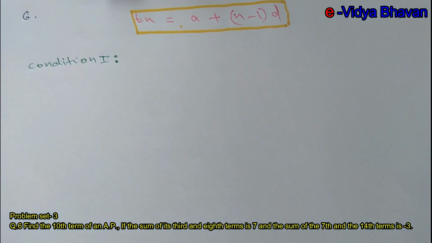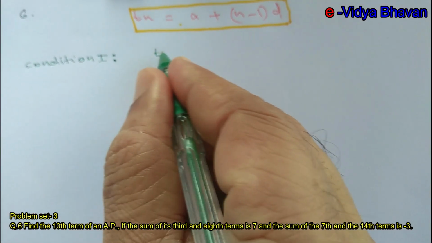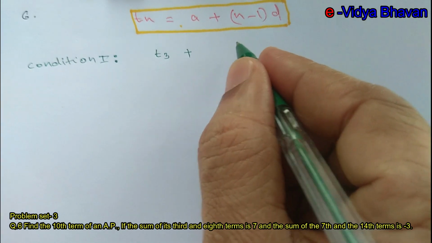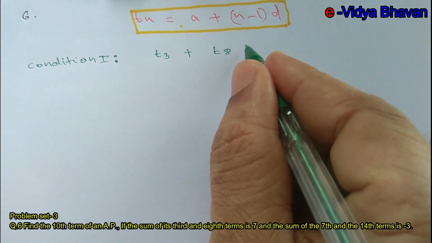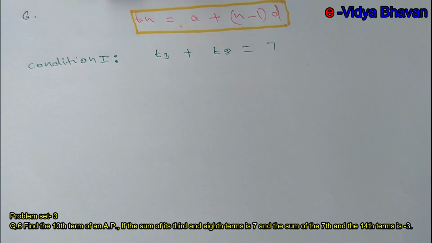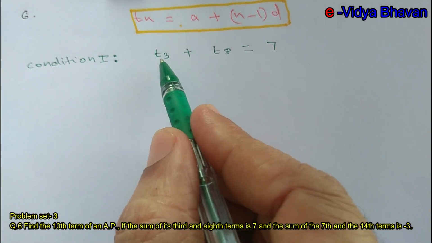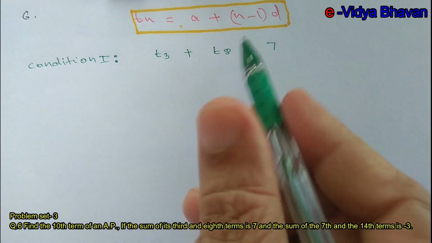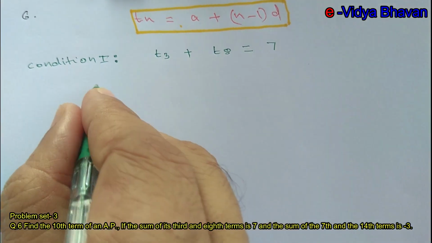What it says? Sum of third term plus 8th term is equal to 7. Let us substitute the value of T3 in the formula and T8 in the formula. So T3 first we will substitute.